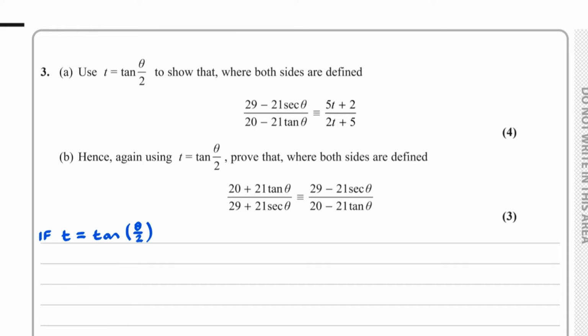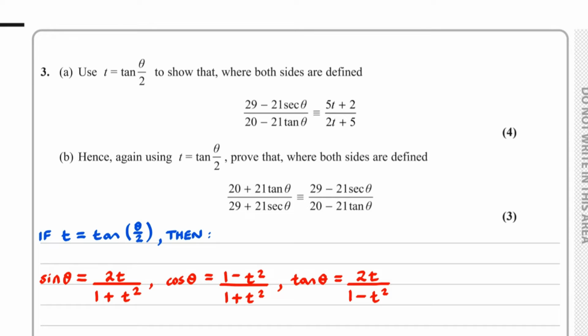Now to begin with, if t is equal to tan of theta upon 2, then sine theta is equal to 2t over 1 plus t squared, cos theta is 1 subtract t squared over 1 plus t squared, and tan theta is 2t over 1 subtract t squared.